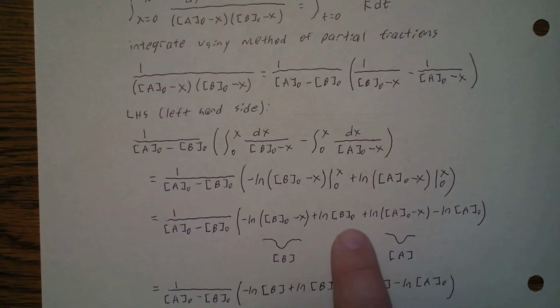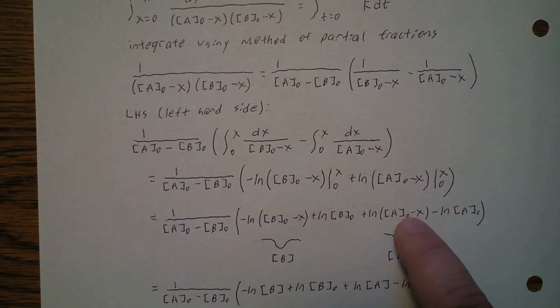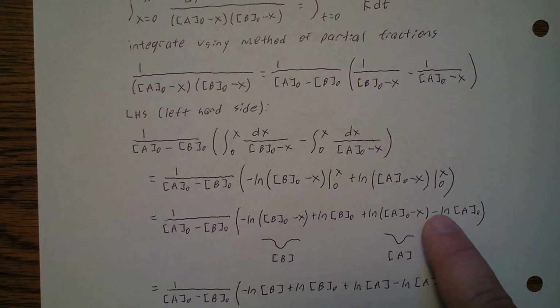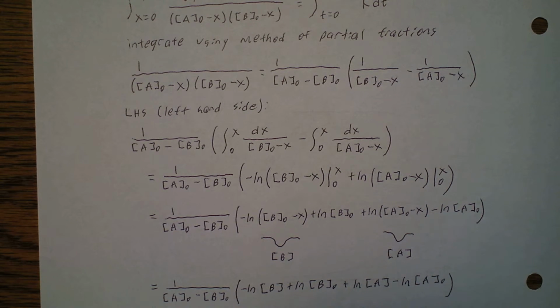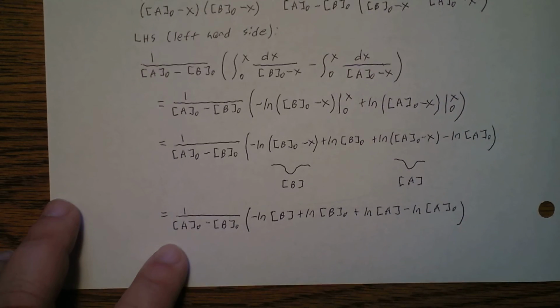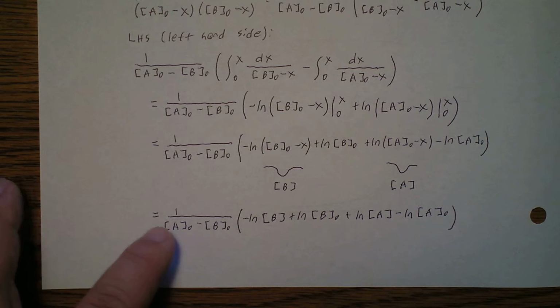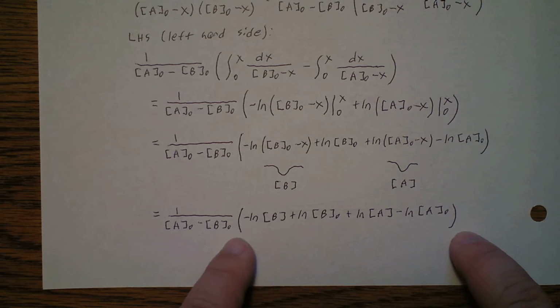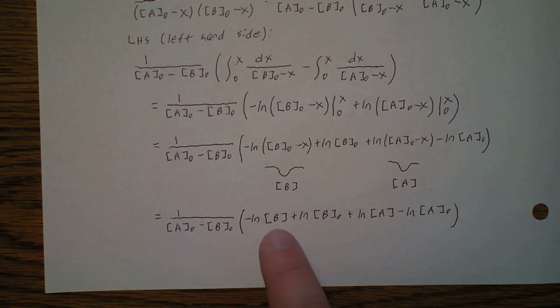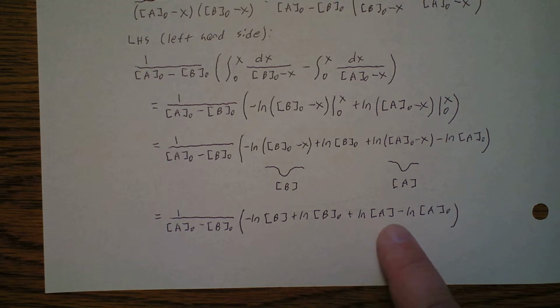And then plus the natural log of the initial concentration of B, plus the natural log of the initial concentration of A minus x, which is the same as the concentration of A, minus the natural log of the initial concentration of A. So we can simplify and write that this is equal to 1 over the initial concentration of A minus the initial concentration of B times this whole quantity in parentheses: minus the natural log of the concentration of B, plus the natural log of the initial concentration of B, plus the natural log of the concentration of A, minus the natural log of the initial concentration of A.